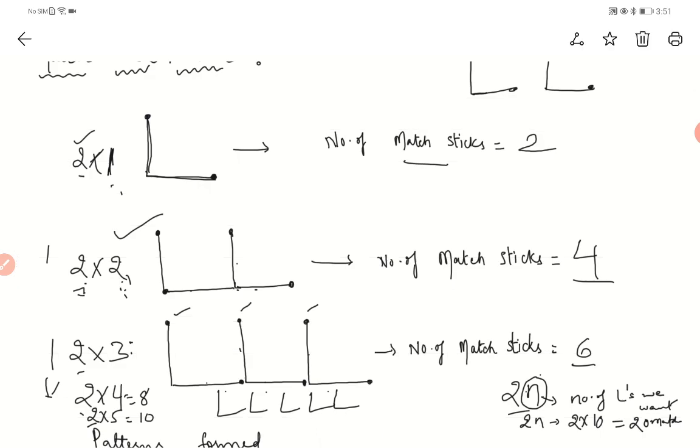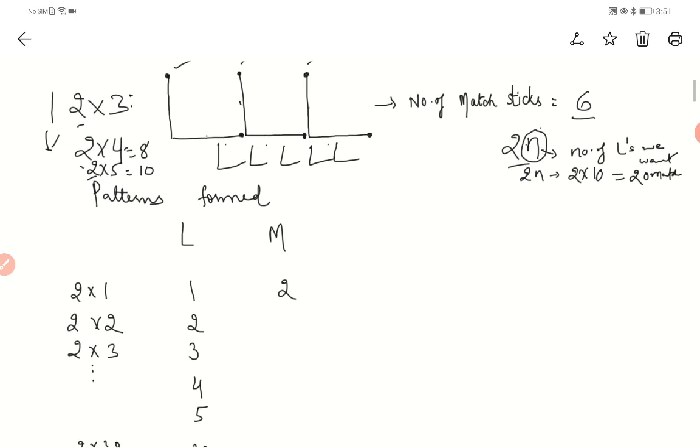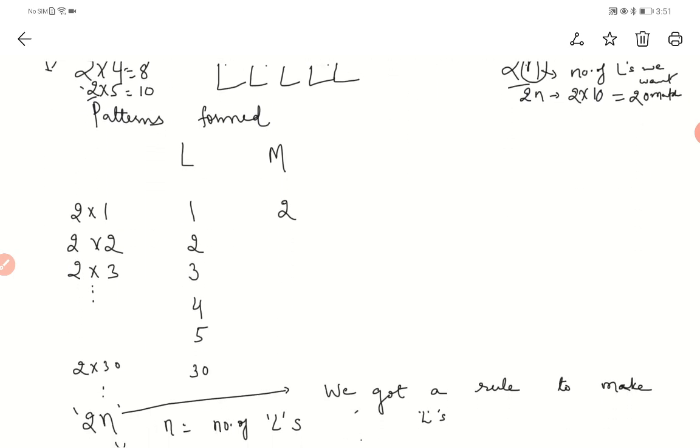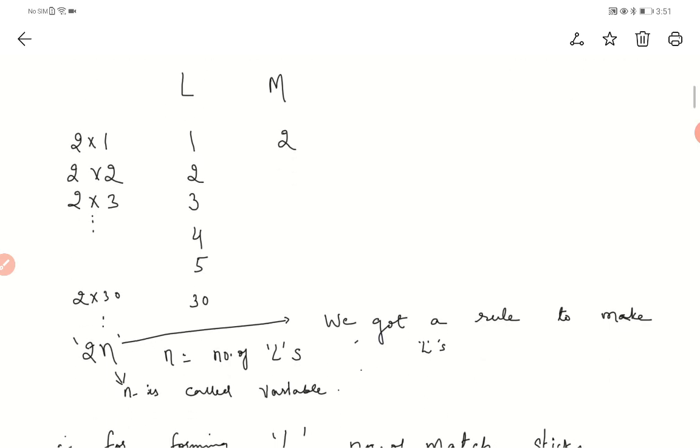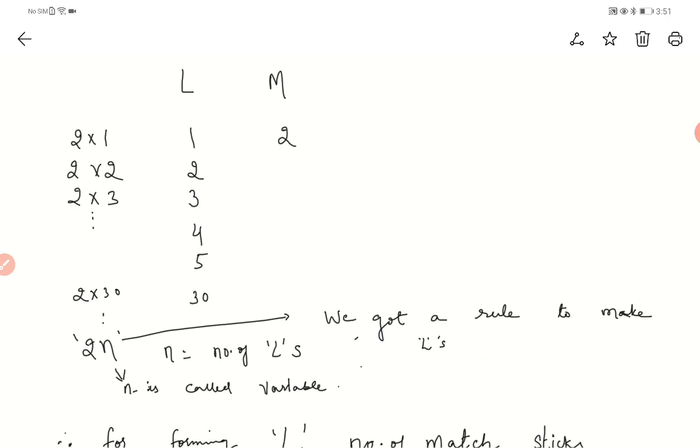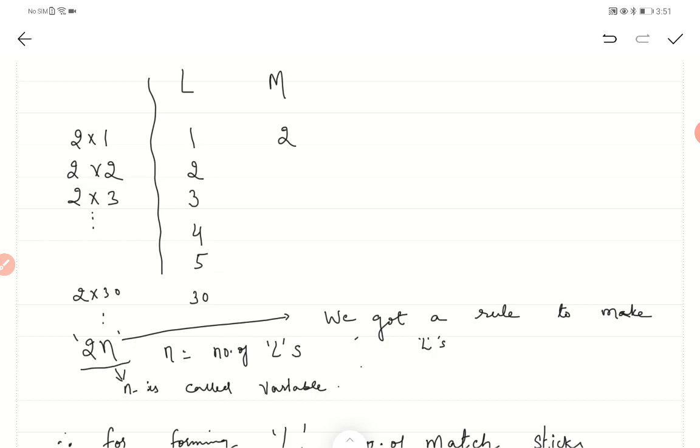So this is how you come to one rule, or one formula. By looking at the pattern of things, we have come to one expression or rule, called 2n, right?